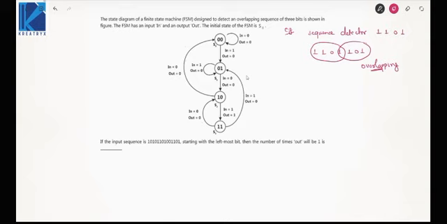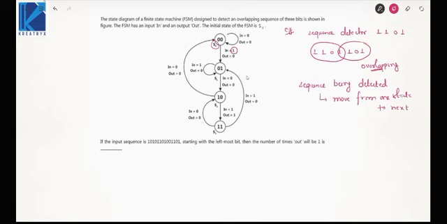Okay. So whenever you want to find out the sequence being detected, move from one state to next. So initially we will be starting at S0.